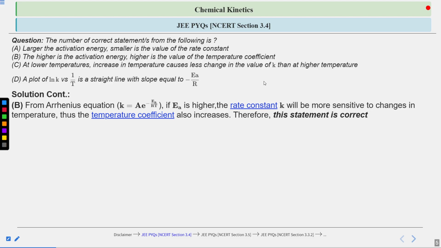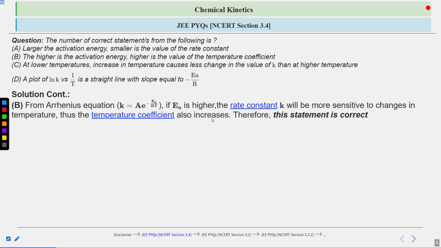Temperature coefficient means a coefficient of temperature, or a temperature factor, which is going to affect the value of the rate constant in the Arrhenius equation. So if the activation energy is already higher, we are not saying it is increasing or decreasing in the process, we are saying that its value is higher, then the rate constant is going to show a sensitive nature towards the temperature increase or decrease, right?